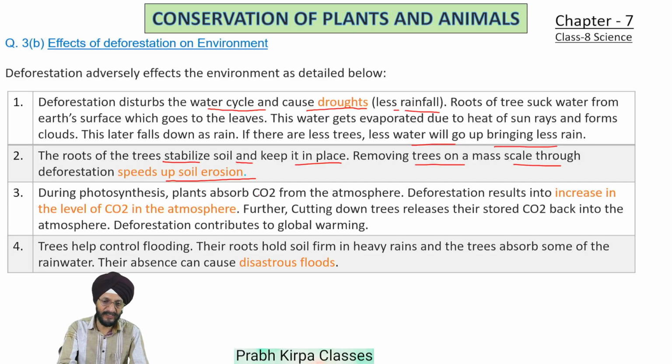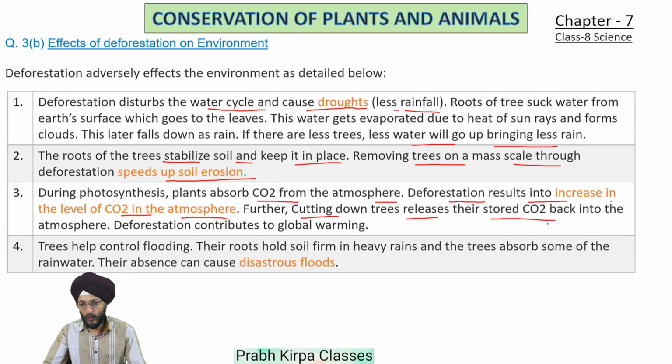During photosynthesis, plants absorb carbon dioxide from the atmosphere. Deforestation, on the other side, results in an increase in the level of carbon dioxide in the atmosphere. Further, cutting down trees releases their stored carbon dioxide back into the atmosphere.